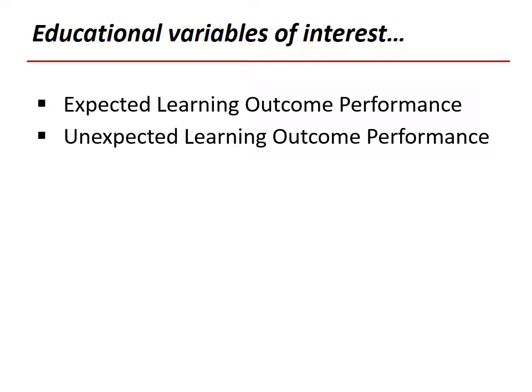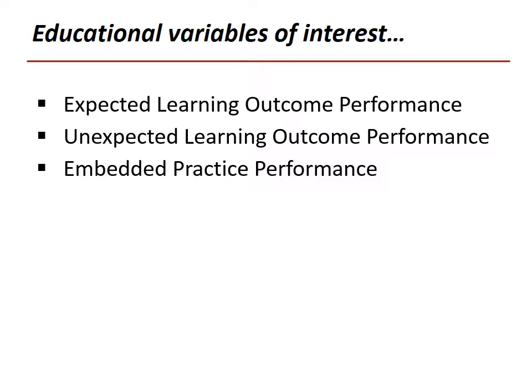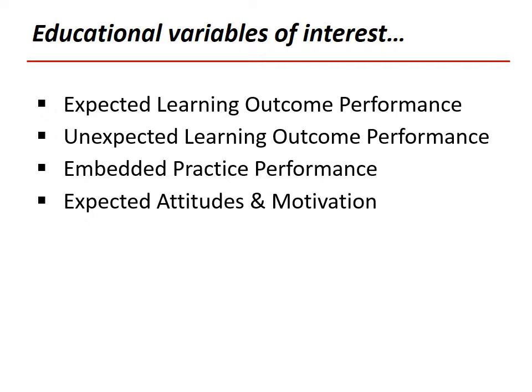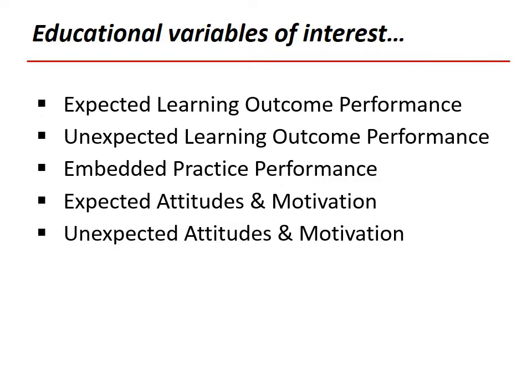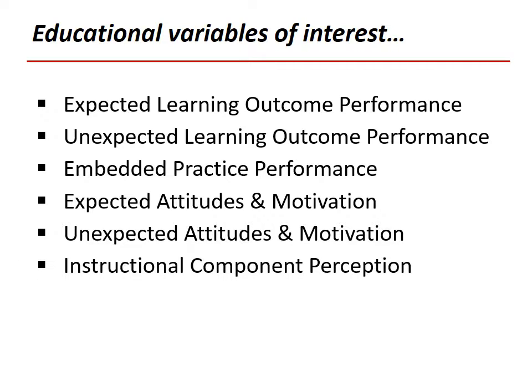Expected learning outcome performance is one, and sometimes teachers measure unexpected learning outcome performance because it's important to them. Embedded practice performance is very important. Expected attitudes and motivation and unexpected attitudes might be important variables of interest for an educator. Also, the perception of students about certain instructional components might be a variable of interest.